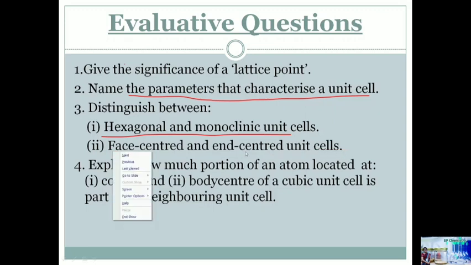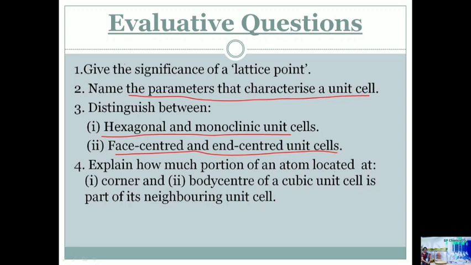This is a fundamental question. In face-centered unit cell, constituent particles are located at all the corners as well as the center of all the faces. In end-centered unit cell, constituent particles are located at all the corners as well as at the center of two opposite faces, right?